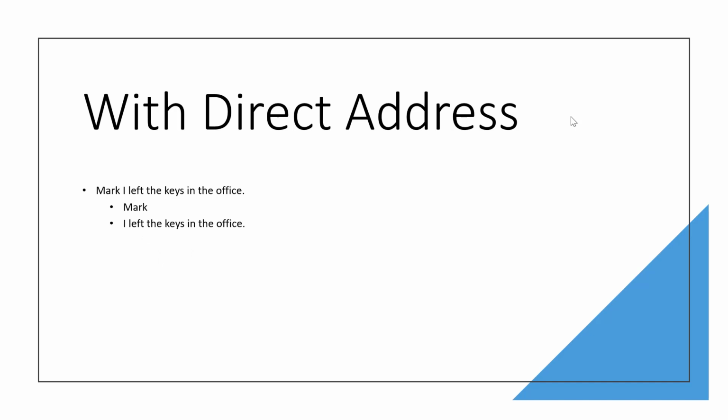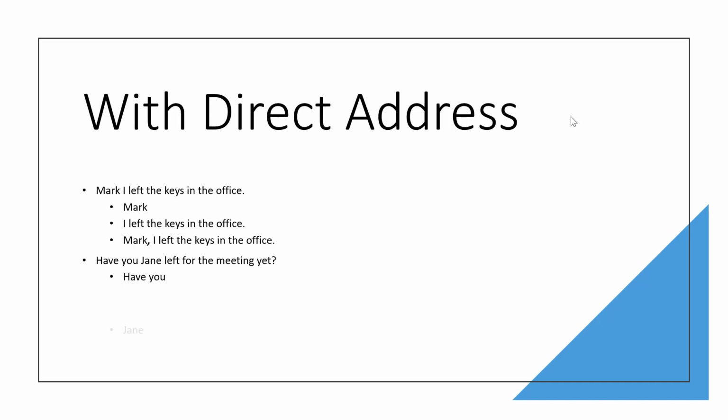I do not need the direct address. However, if I am trying to get Mark's attention, I will set his name off with a comma so that it is as if I am calling his name and then making the statement. You also can have direct address in the middle of a sentence, so you will start and then in the middle you will sort of call out for that individual's attention.